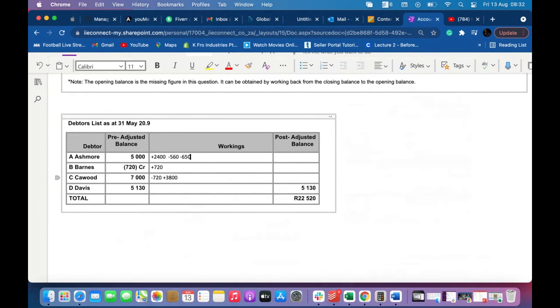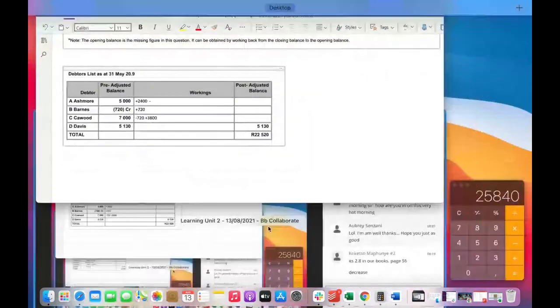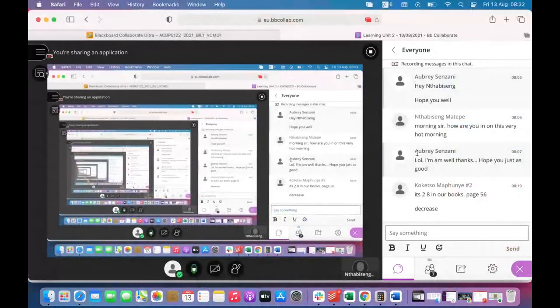What needs to happen here? What do we need to do?